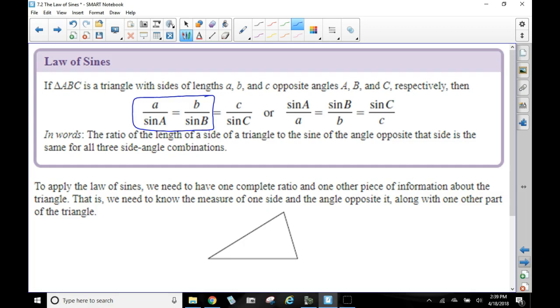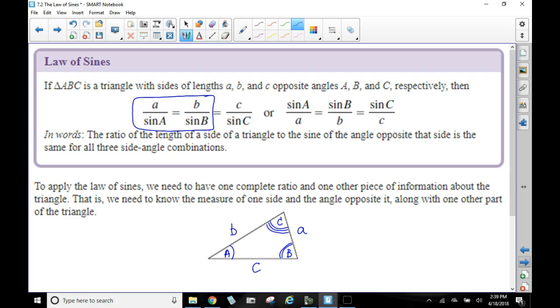If we decide to label this side A, then the angle opposite side A must be angle A. Now, if this is side B, lowercase b, then the angle opposite that is going to be angle B. Finally, side C, which, since we have an oblique triangle, is not required to be a right angle, the angle opposite that is going to be angle C. Remember, that's how we need to set these up.